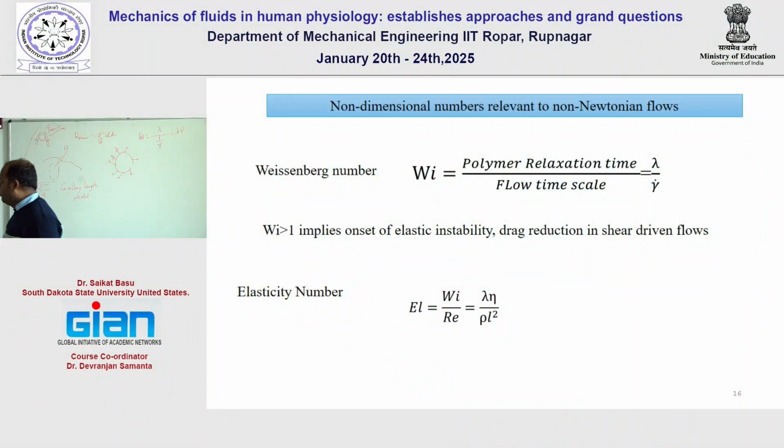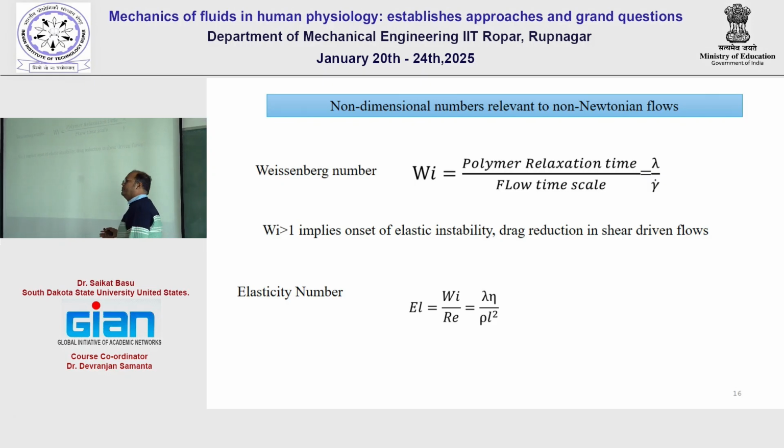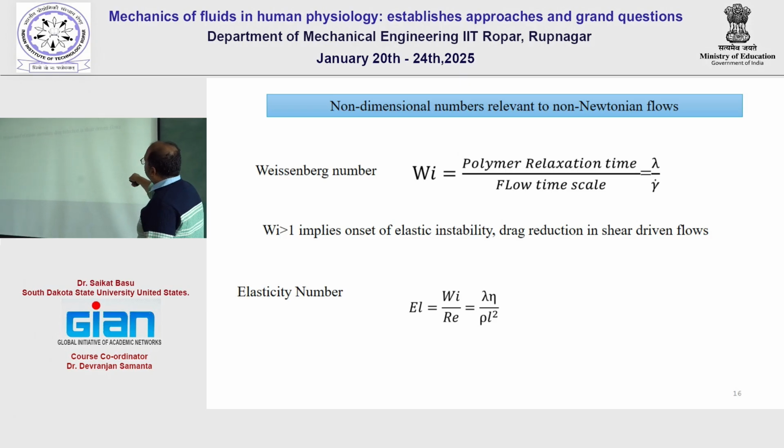Whenever the Weissenberg number becomes greater than 1, this means that the non-Newtonian features will become sufficiently strong, let's say we are saying elastic fluid. And when the fluid is moving at a very low velocity, the polymers are not stretched enough. The fluid is not able to exhibit its elastic property. So Weissenberg number greater than 1 implies onset of elastic instability.